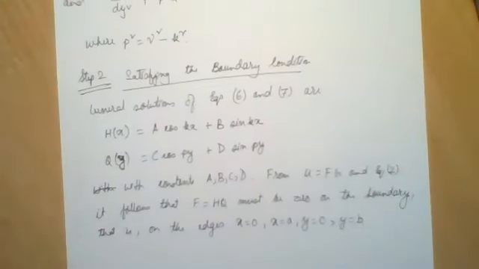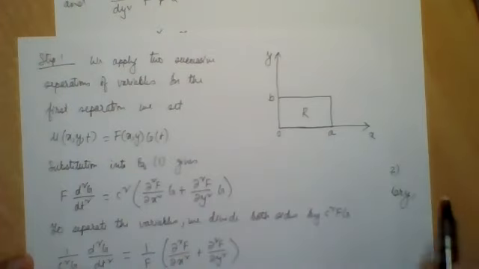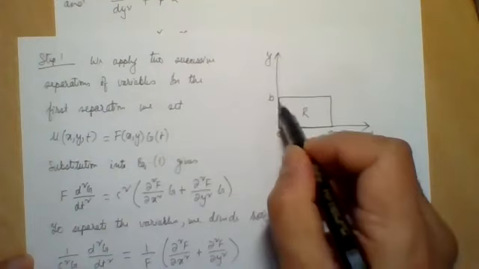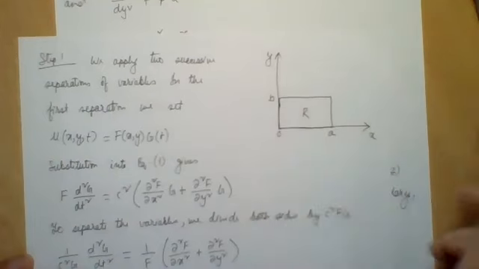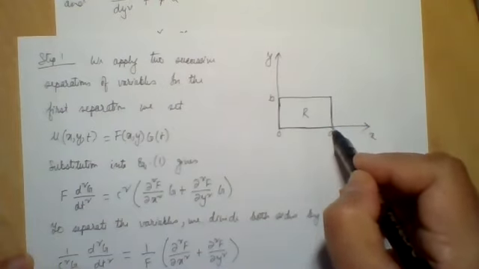So let me show you the picture again. The boundary of the rectangular membrane is fixed. So at x equal to 0, this is the edge, and at this edge, the displacement is 0. That is, u is equal to 0. And x equal to a, this is the edge given by x equal to a.